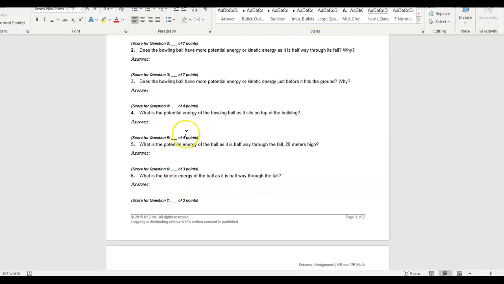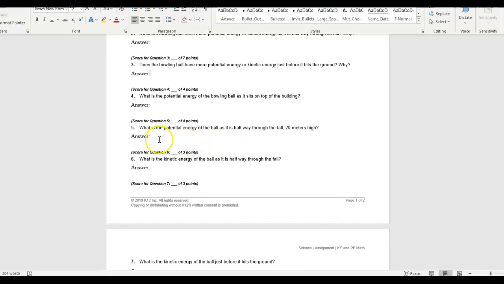What is the potential energy of the bowling ball as it sits on top of the building? We figured that out a little bit earlier. You're just calculating the gravitational potential energy. The ball is at the top, so you have the mass of 2 times 9.8 times 40, and that gave us an answer of 784 joules.